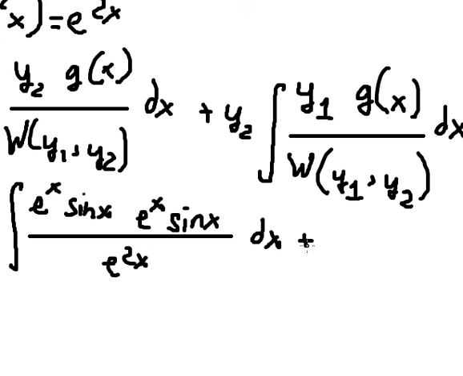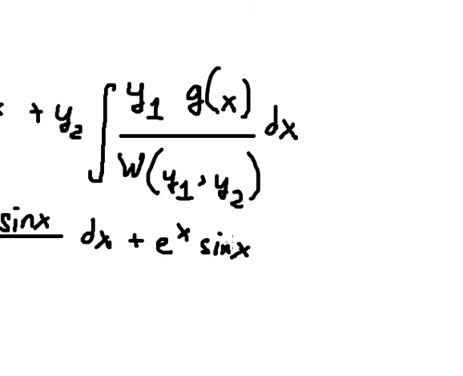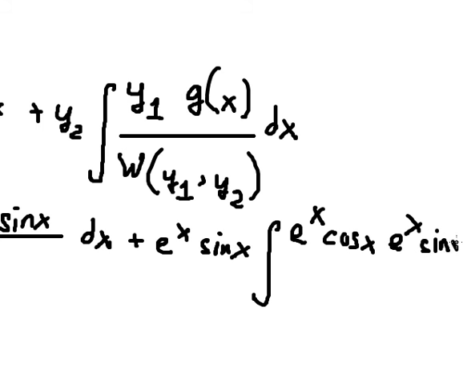This one we have e to the power of s sin s, and we have the integration of e to the power of s cosine s, and we have e to the power of s sin s, divided by e to the power of 2s, and we have ds in here.